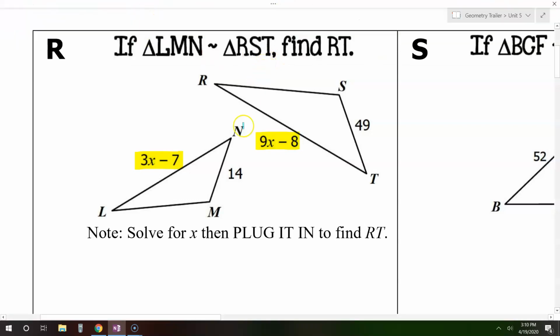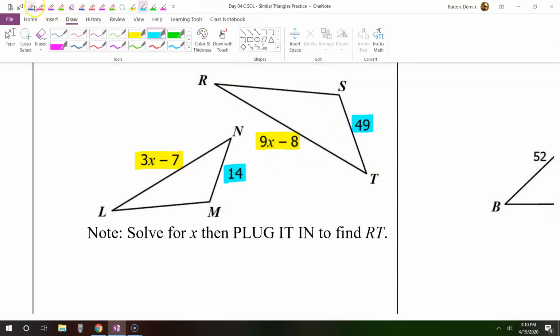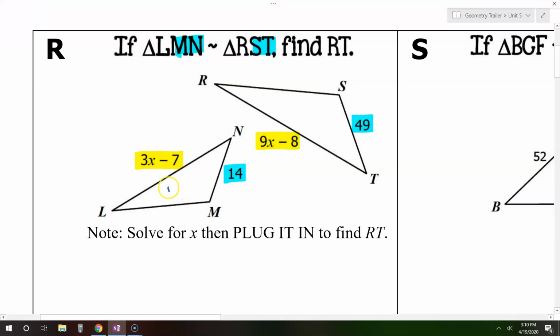Similarly, we've got the 14, that's MN. Here's MN, that's going to correspond to ST. Here's ST, so those are corresponding sides. Label one triangle as new and label the other triangle as old.